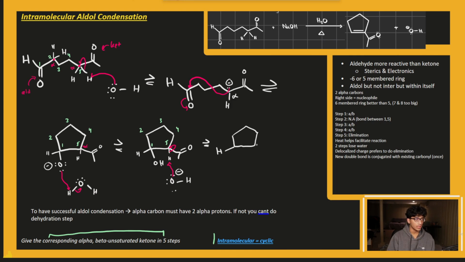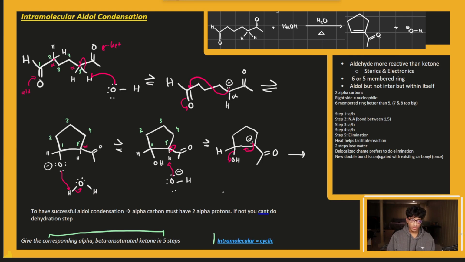And what we're going to get is, in one step, elimination. No more H, right? And then this is a ketone. We're going to make a bond here, and then we're going to kick the OH out. And so it's going to go forwards, obviously.